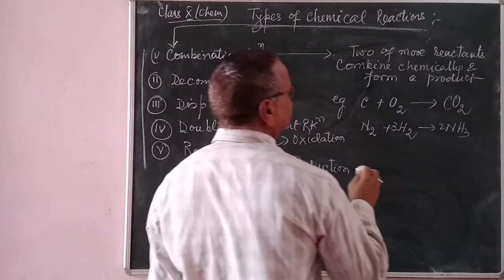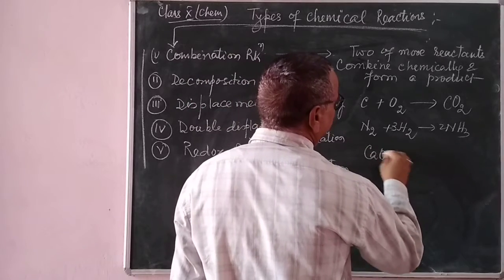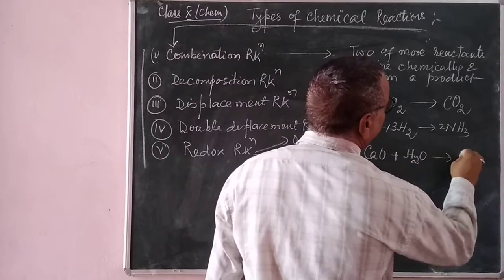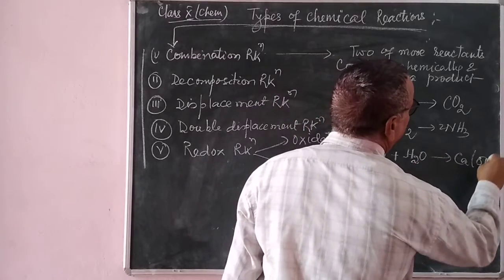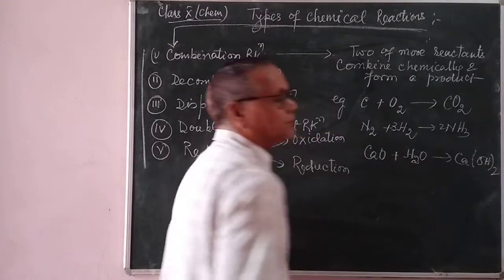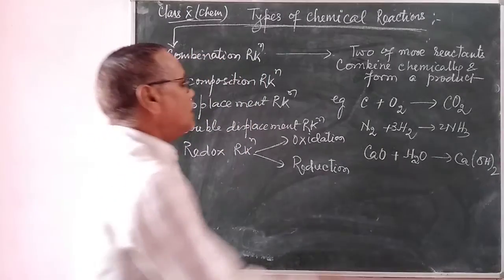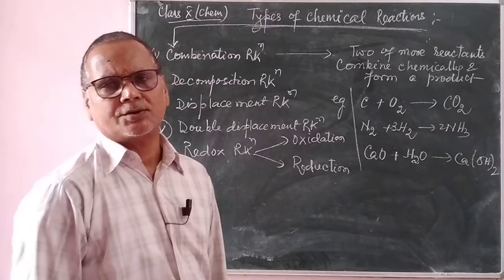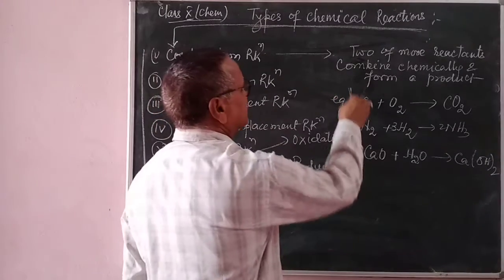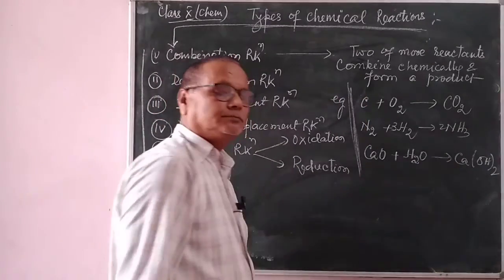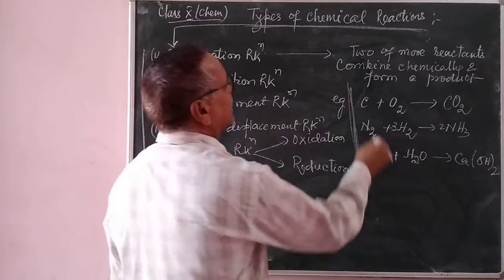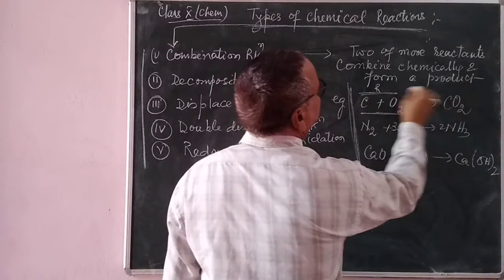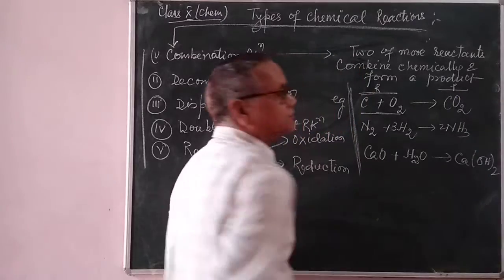Next, suppose calcium oxide is dissolved in water, it forms calcium hydroxide. So in all these reactions, what do you observe? We observe that this side is the reactant and this side is the product.